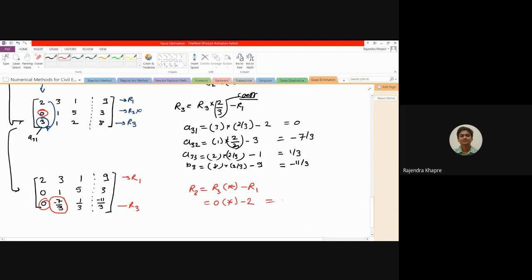So this will become a non-zero value. Okay, so some number will come here, right? So we don't want that, because just now we have converted this into 0 and we will be in trouble. Therefore, whenever you are using the operation, you have to always choose the corresponding equivalent row.